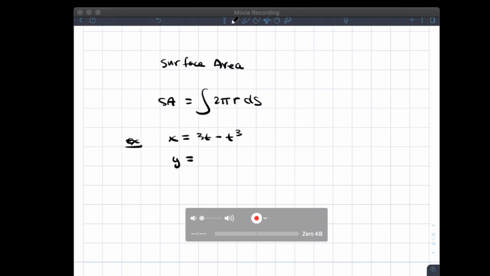Y will be 3t squared, 0 less than or equal to t, less than or equal to 1. So here's our parametric equations. Now we're going to revolve about the x-axis.